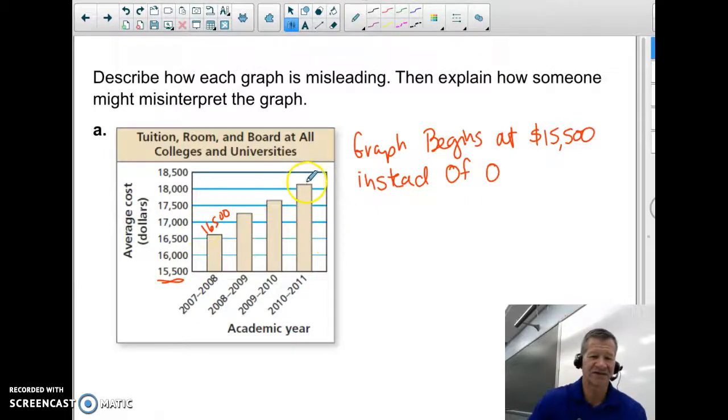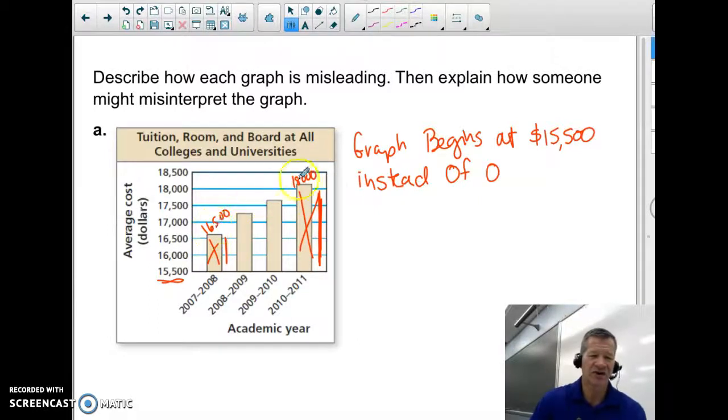But by 2010-11, it had risen to just over 18,000. But if you look at the relative size of the bars, this one is about twice as high, more than twice as high as this one.